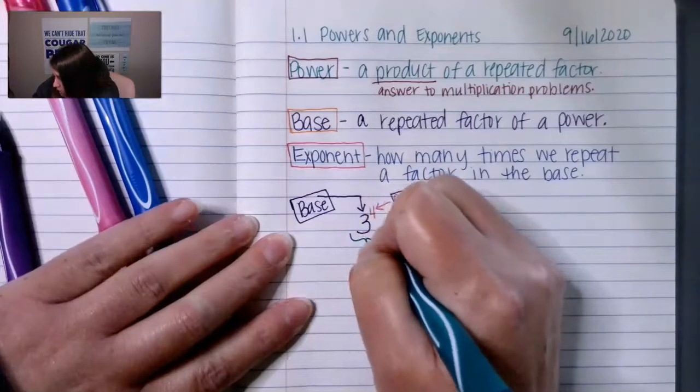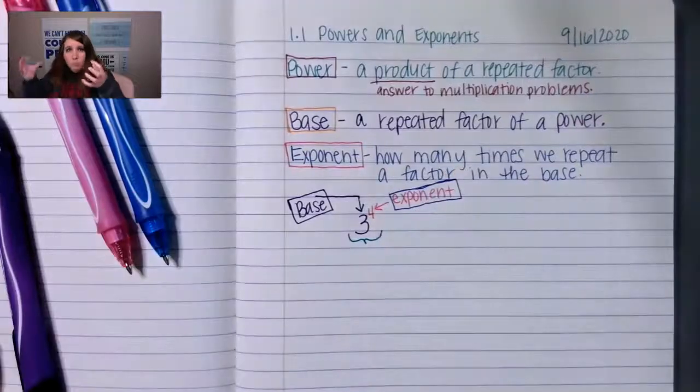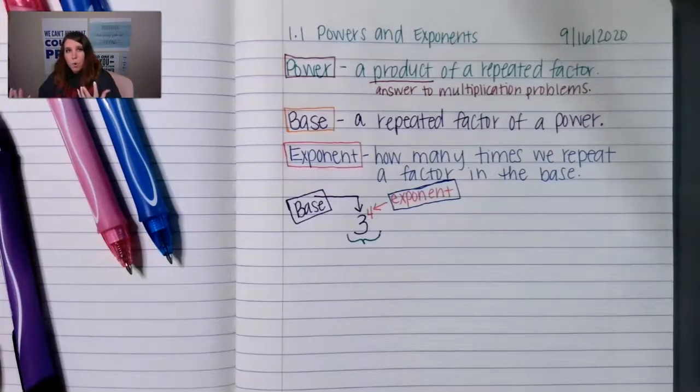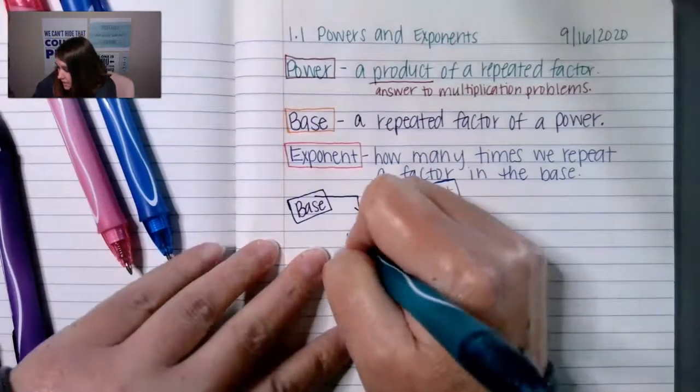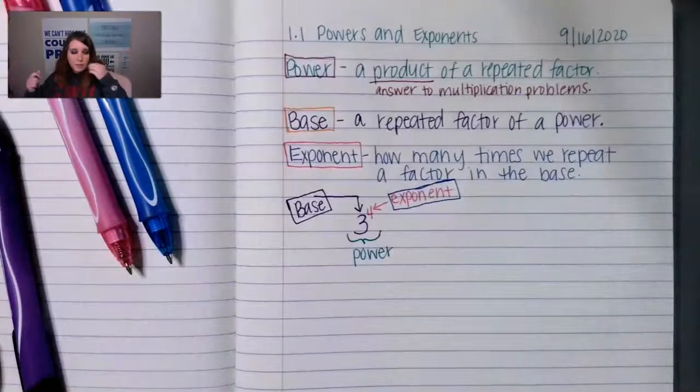I got the power, right? When we've got the power, we've soured up. We've gotten really big. This guy was just a 3 by himself, but now he's got a superpower of 4. All right, the whole thing is a power.